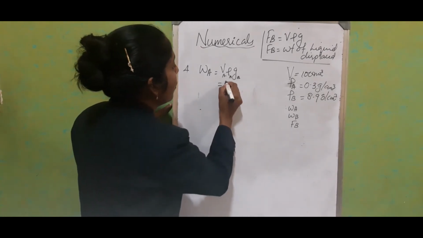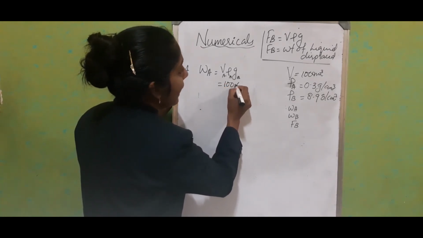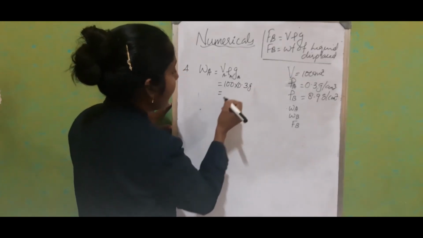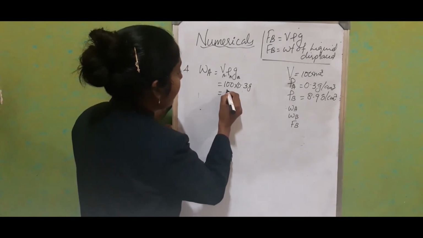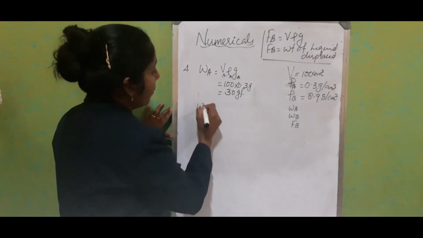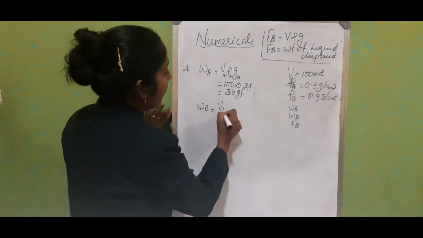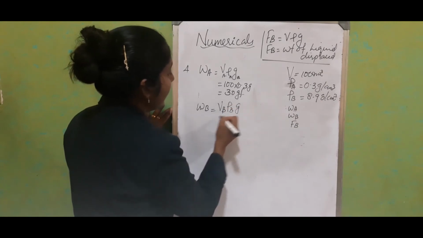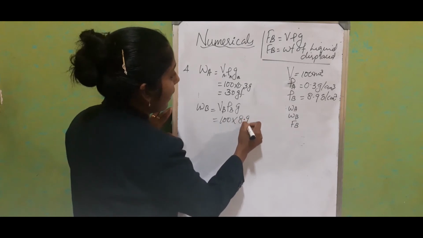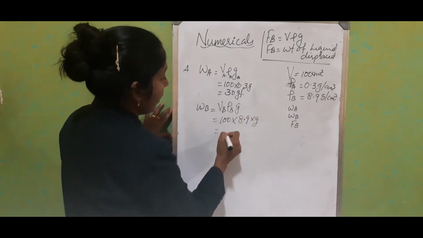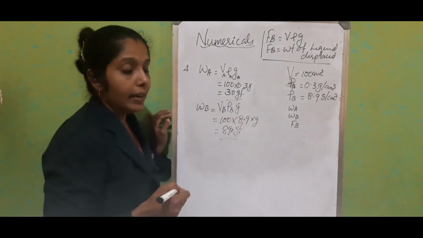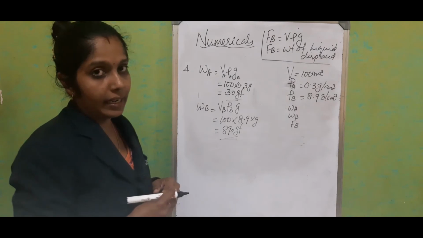So 100 into 0.3 into G, which is 30 gram force. For B, V B rho B G is equal to 100 into 8.9 into G, so we get 890 gram force. So the first part is done: 30 gram force and 890 gram force.